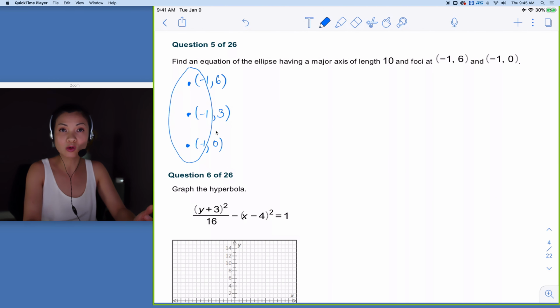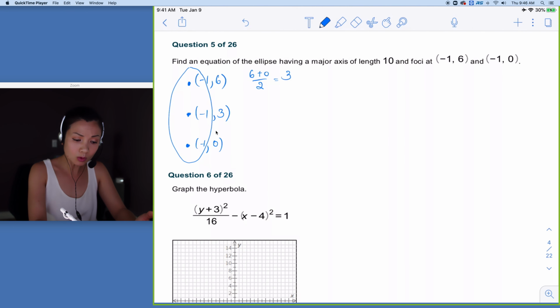Now, if you really want to calculate, you take 6 plus 0 divided by 2, right? So that's how you get 3. So we got the center. Now we're going to use the fact that the major axis has length 10. The major axis, which is this length right here, is 10.